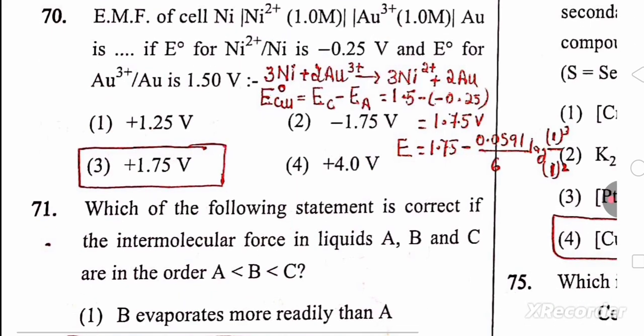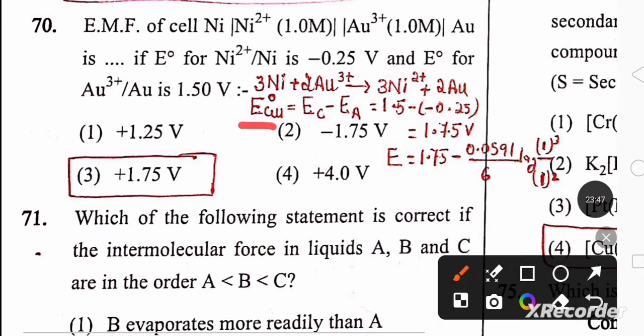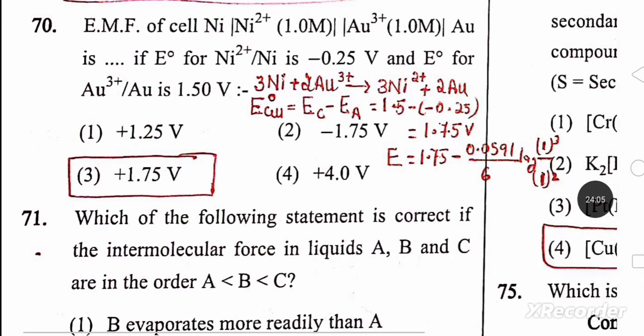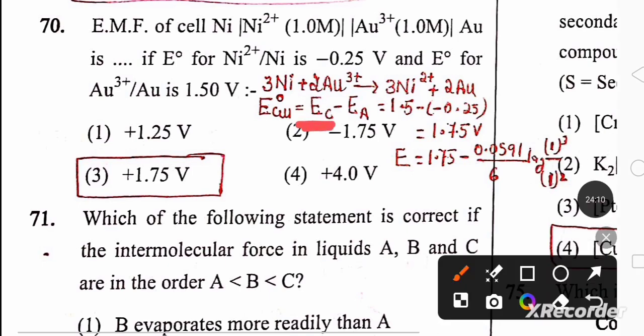In this case, first we will find out the standard electrode potential. Standard electrode potential is equal to electrode potential of cathode minus electrode potential of anode. So at cathode cation will migrate and undergo reduction. So here at cathode, electrode potential is 1.5, that is gold ions will migrate towards cathode and gain electrons to convert into gold.